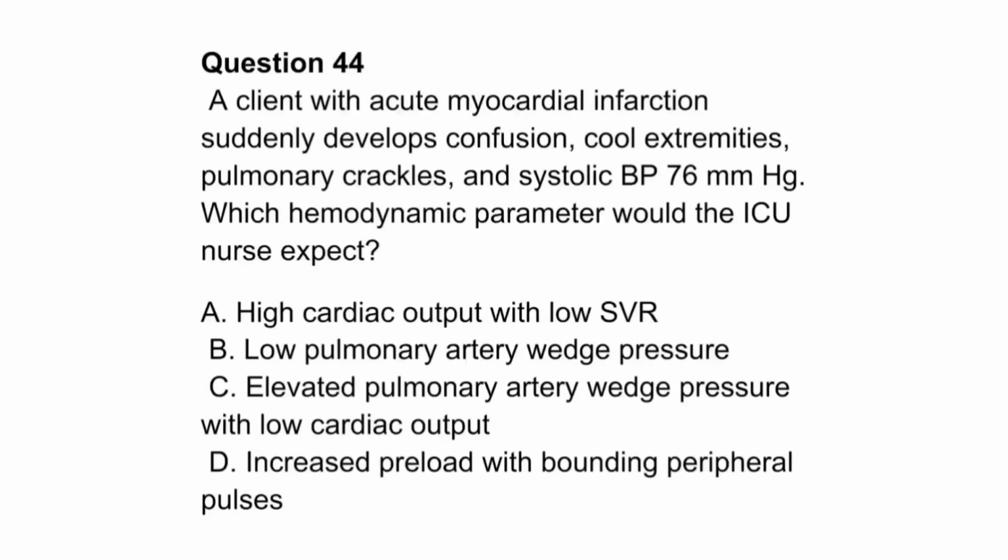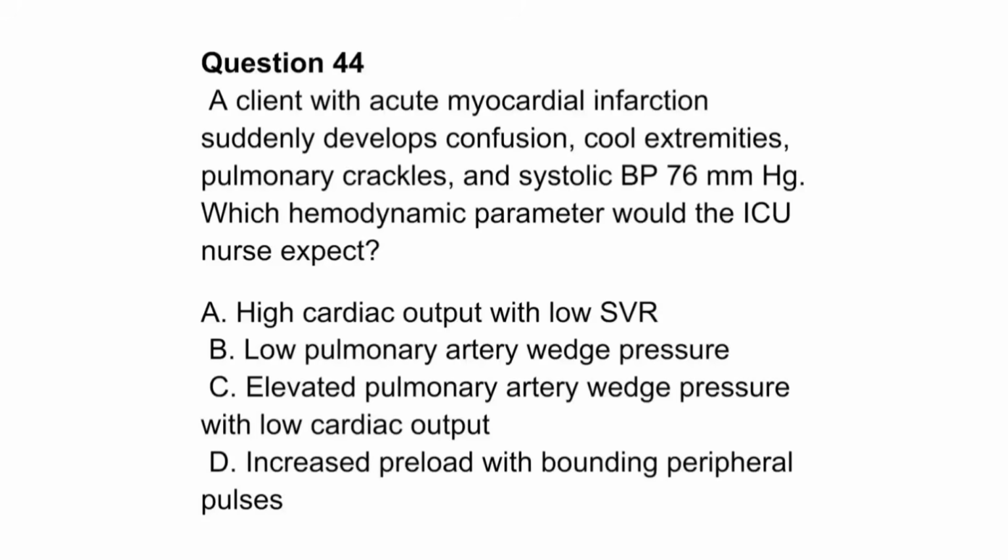Question 44. A client with acute myocardial infarction suddenly develops confusion, cool extremities, pulmonary crackles, and systolic BP 76 millimeters of mercury. Which hemodynamic parameter would the ICU nurse expect? A. High cardiac output with low SVR. B. Low pulmonary artery wedge pressure.